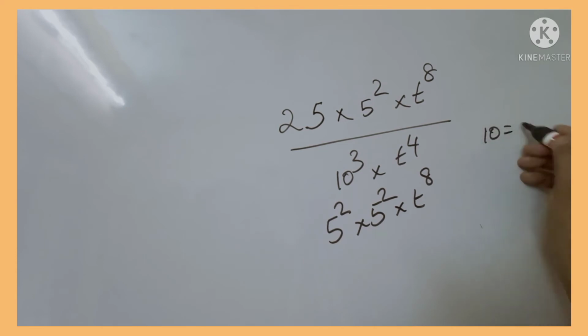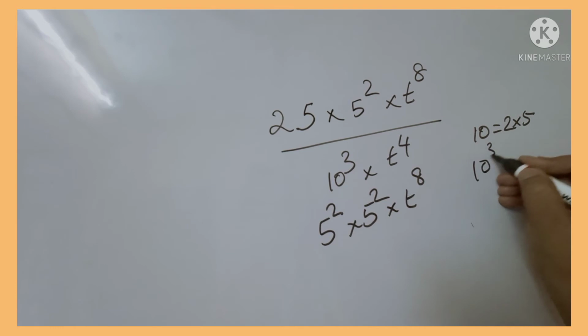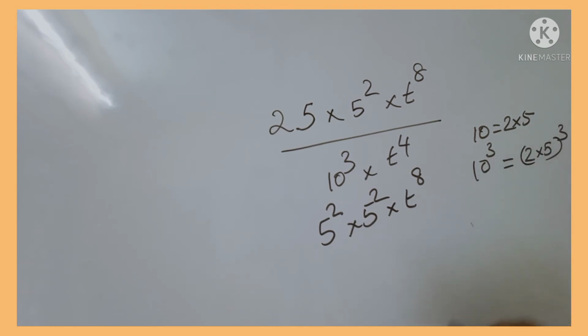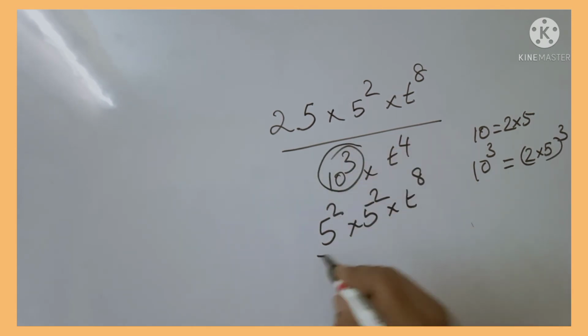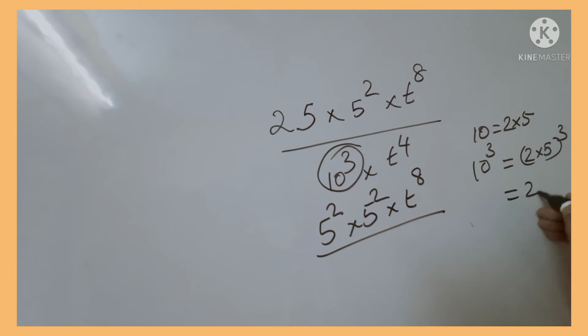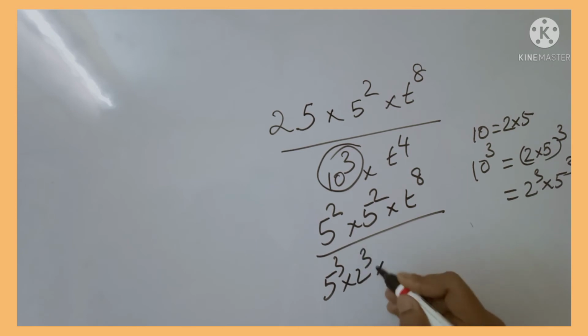Since 10 is 2 into 5, 10 raised to 3 is (2 into 5) whole raised to 3. So we can write 10 raised to 3 as 2 raised to 3 into 5 raised to 3. 5 raised to 3 into 2 raised to 3, both are correct. Then t raised to 4.